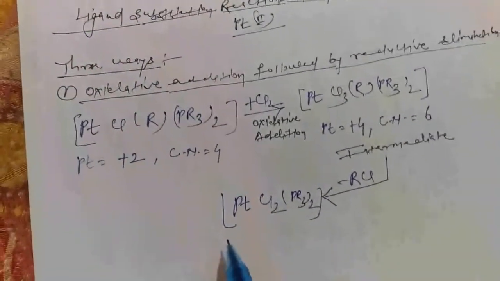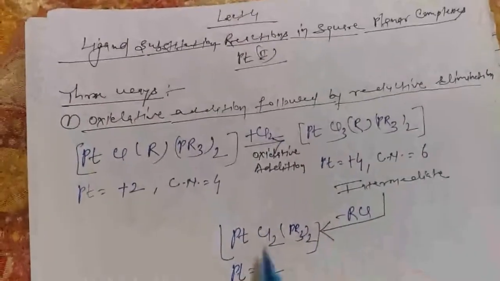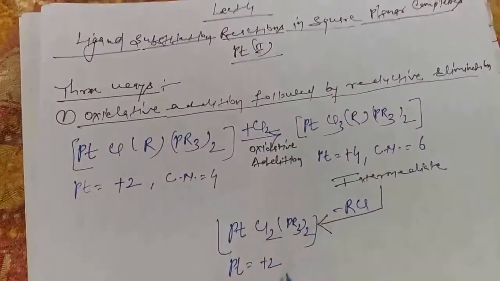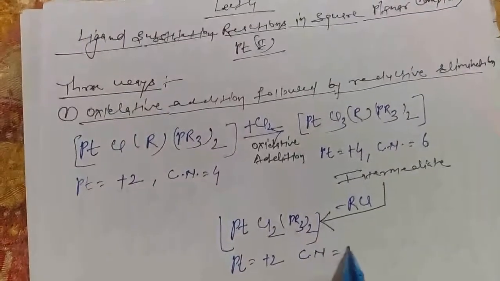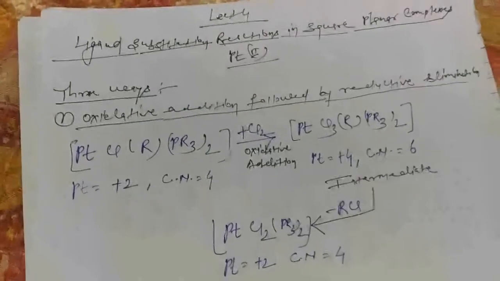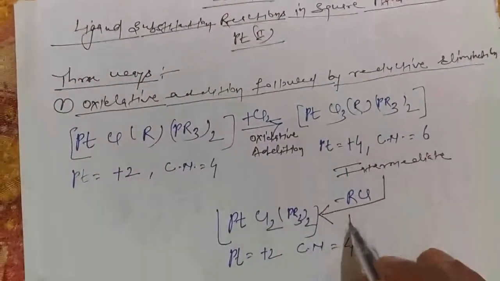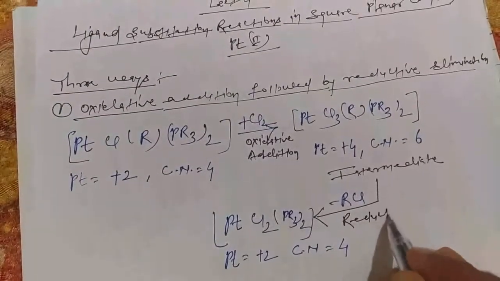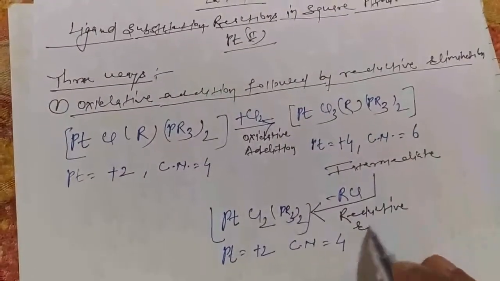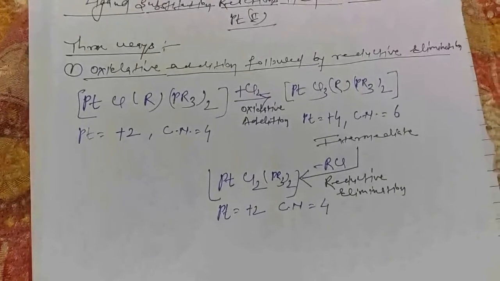So as you can see here, platinum is again in +2 oxidation state, and coordination number of platinum is again 4 now. So this is the reaction which is called reductive elimination. Minus RCl is eliminated. This is reductive elimination.